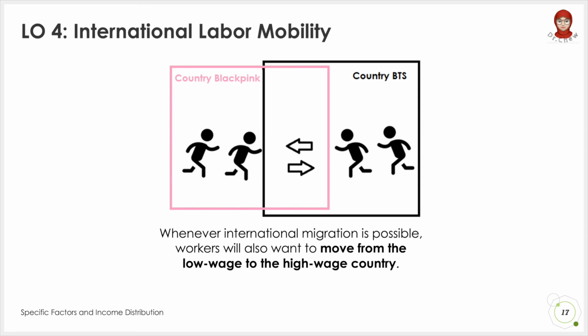Not every country welcomes foreign workers to work in their country. This is because they also want to protect their domestic workers. However, whenever international migration is allowed, workers will want to move from the low wage country to the high wage country.